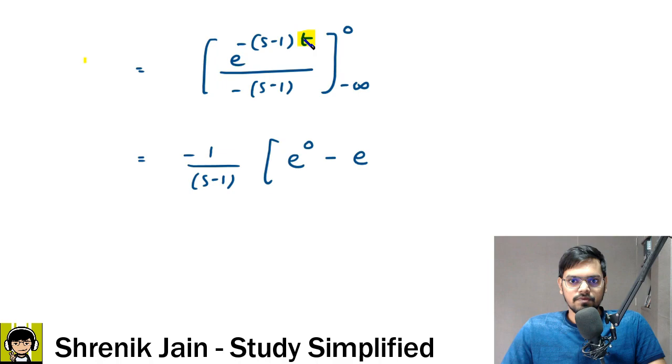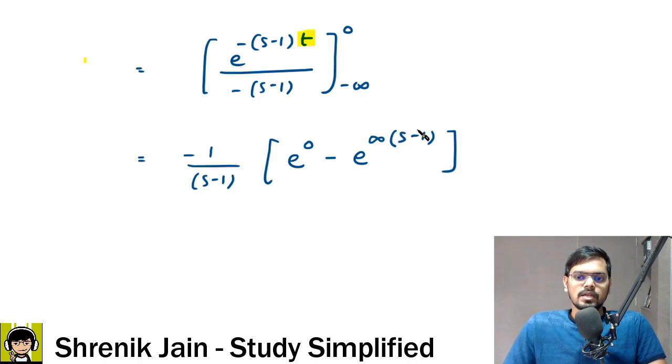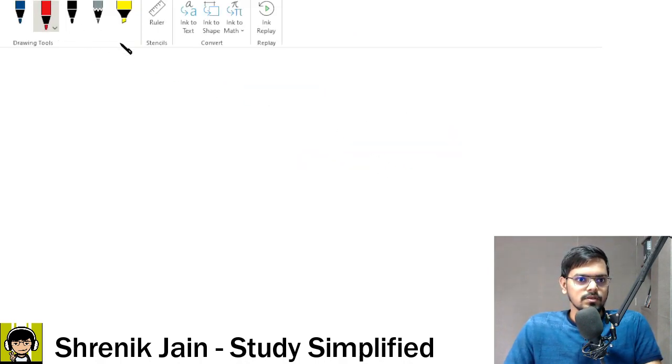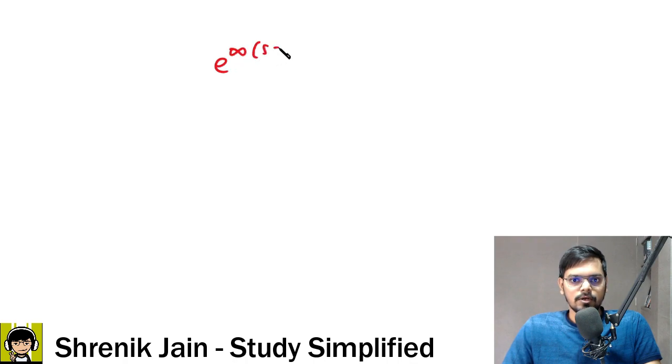When minus infinity goes here, minus infinity into minus 1 becomes plus infinity, and then we have s minus 1. Now there is a problem with this term, because if you do not understand this term carefully, your answer may converge or diverge. Check it out. What is this term? Sir, this term is e to the power infinity into (s - 1).